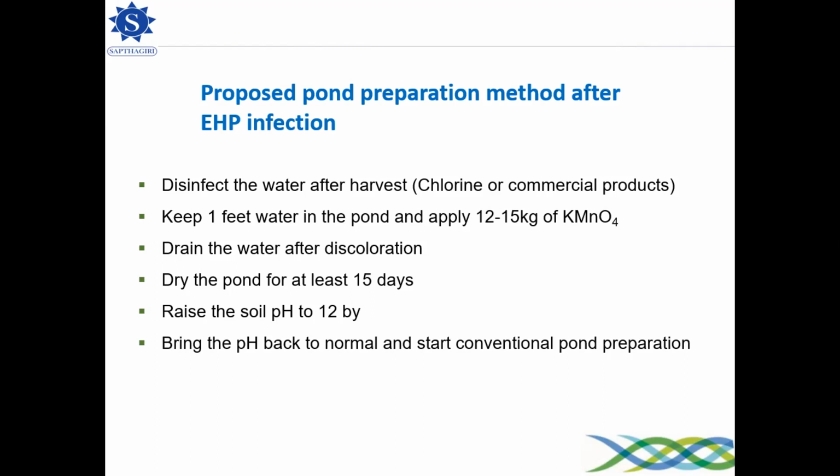Once the pH is increased, most of the EHP spores can be inactivated. But here also there is an application process. Initially, add half the tonnage of lime to the pond and plow it in a crisscross direction, so that the soil mixing is proper and all the lime will penetrate into the soil.